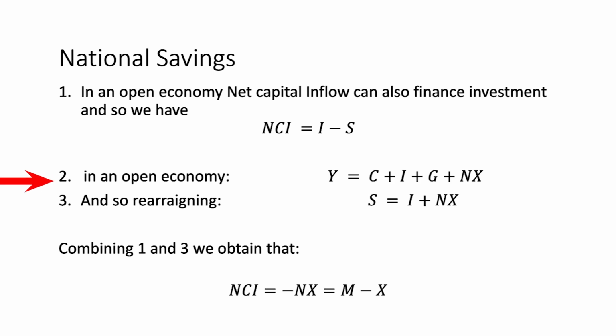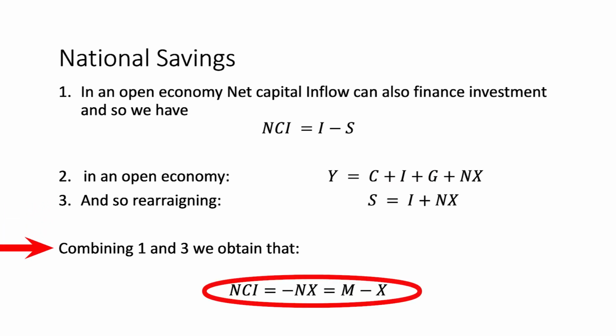And so rearranging terms a little, moving the C and the G to the left-hand side, we get that national savings equals investment plus the trade surplus, and combining equation 1 with equation 3 and rearranging a little, we have that the net capital inflow in the economy is equal to the trade deficit.